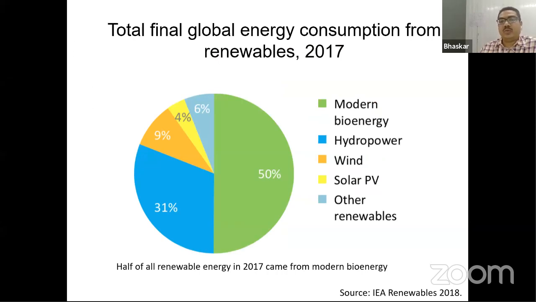If we see the global energy consumption of the world, biomass, which is depicted in green color, is almost half of all the renewables being generated worldwide. So half of the renewable energy in 2017 came from modern bioenergy.